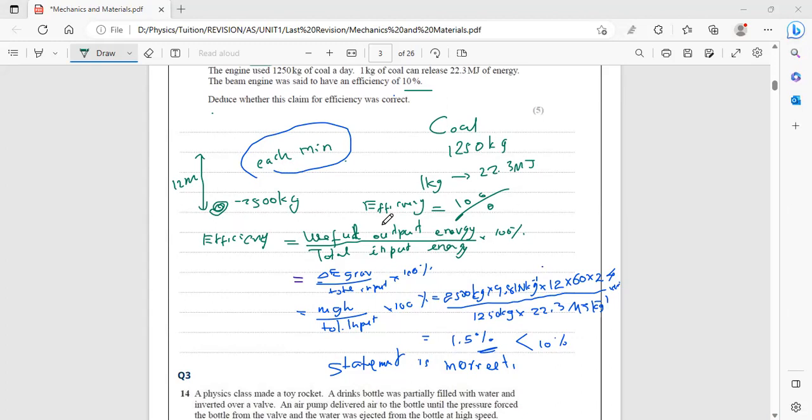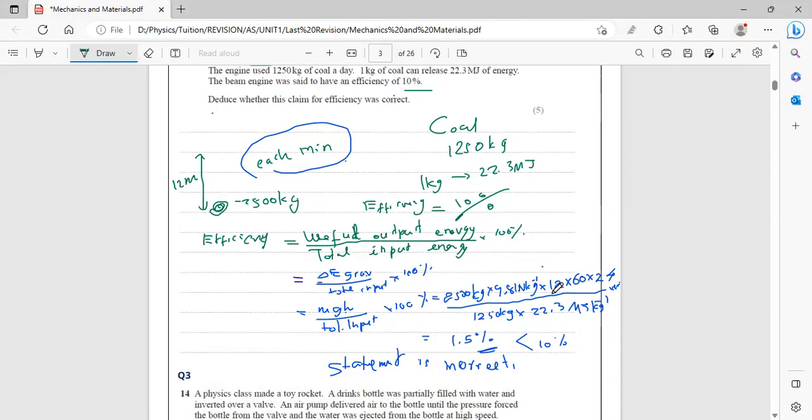So that can be found by mgh, gravitational potential energy. So the mass of the water is 2500, g is 9.81, h is 12. Then this is per minute.